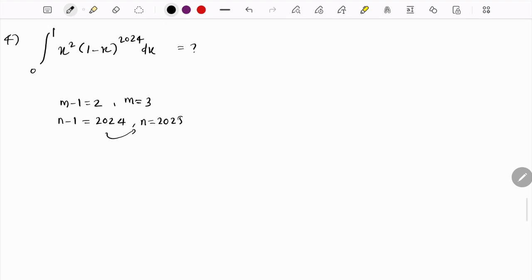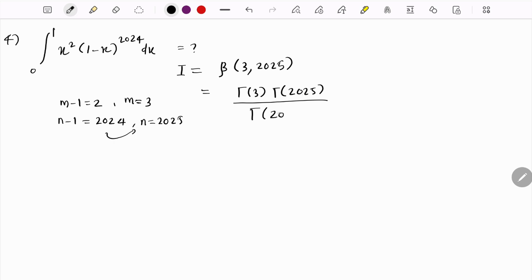So this integral I is equal to beta of m equal to 3 and n equal to 2025. So this is equal to gamma of m, that is gamma of 3, into gamma of n, that is 2025, divided by gamma of m plus n, that is 2025 plus 3, that is 2028.